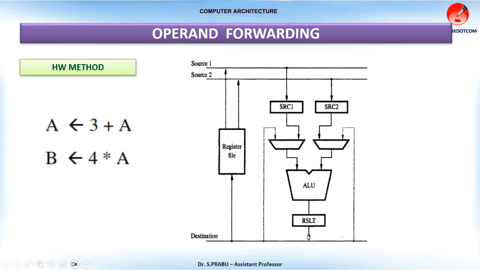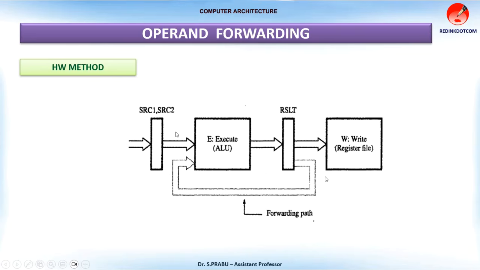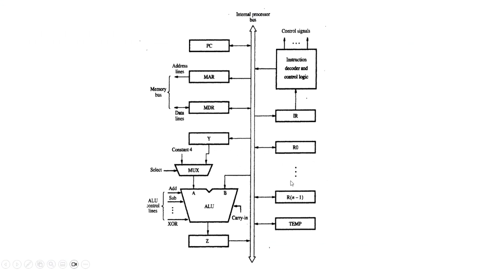Here we are forwarding the operand to the input of the ALU. This is called operand forwarding. This diagram can be logically denoted like this. After the ALU result, the result is taken to one of the inputs of the ALU. We already know this architecture. You just visualize that this kind of connection can be made.